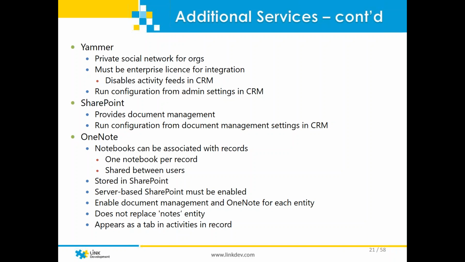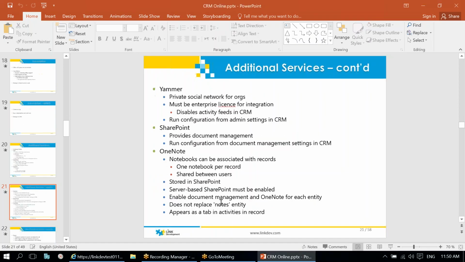There's also, of course, SharePoint, which we described yesterday, and then you have OneNote. OneNote is similar to the ordinary OneNote, but it adds to something you may have noticed in CRM, called notes, in the records themselves.